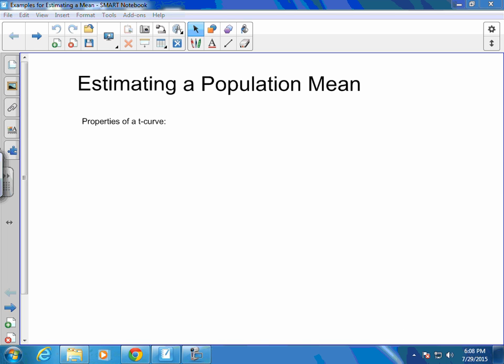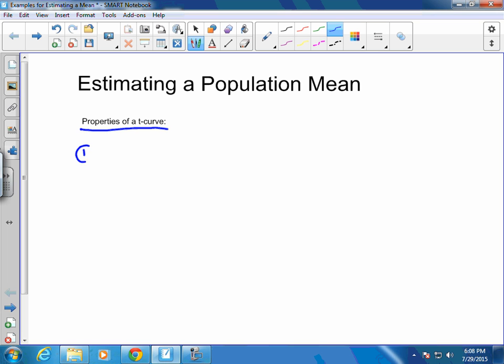And I want to start by summarizing a little bit the properties of a t-curve. The book goes into this in more depth than I do. We're just going to do the real basic properties here. So first, it's a probability distribution, just like a probability density function, just like the normal curve. The total area under it is 1, just like with the z.